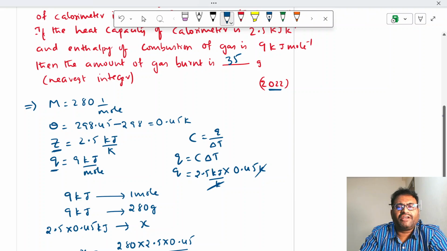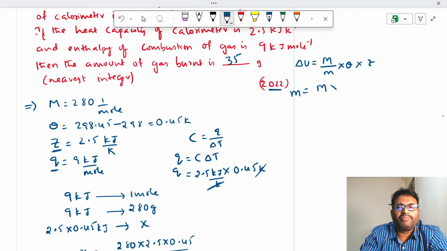In another way, you can calculate delta U. Delta U is equal to, already we know the formula, M by m into theta into Z. We want small m.